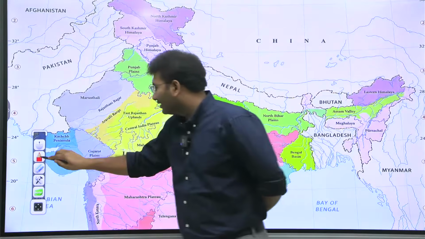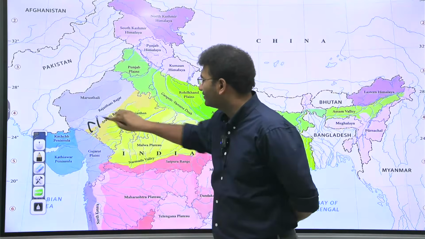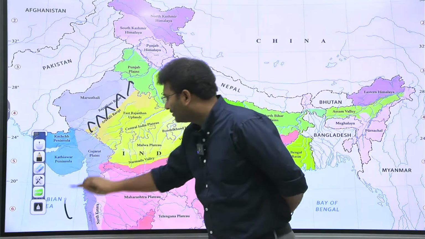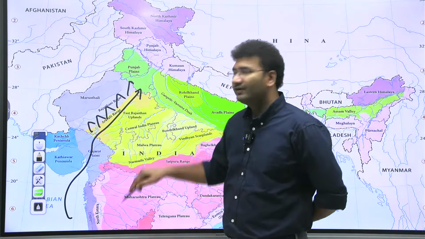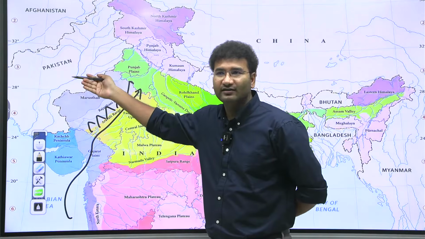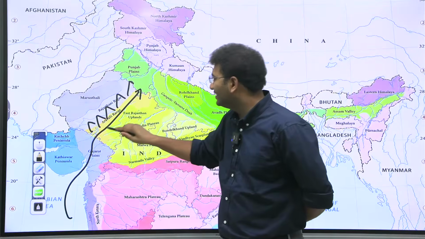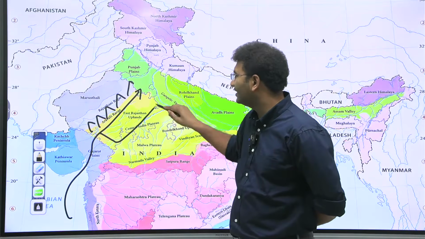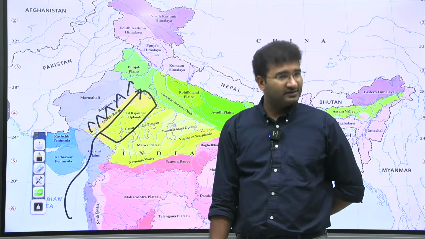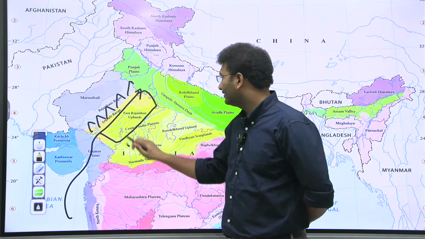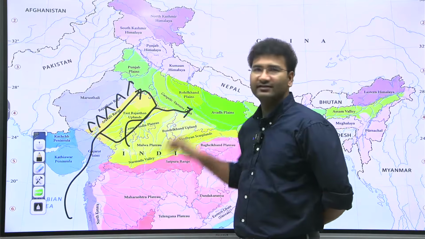Look here. If this is your Aravallis, from here the winds enter and the winds cannot cross onto the other side of the Aravallis. That's the reason why a decent amount of rainfall can be seen on the eastern side here. And this is also the same area where the Chambal River goes like this.